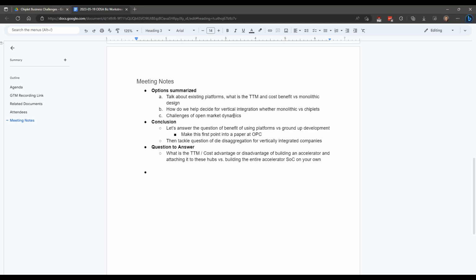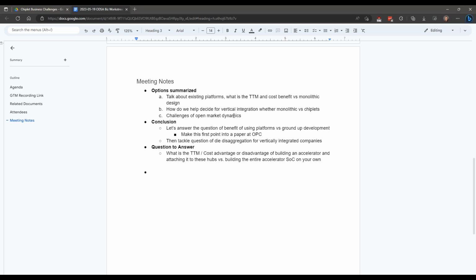And then Bapi, I actually went back in the recording to write this down again because you phrased it so well. The question is specifically now, what is the time to market and cost advantage or disadvantage of building an accelerator and plugging it into one of these platforms versus building an entire SoC with a comparable function? I was hoping that we could use that as a starting point for today's discussion.